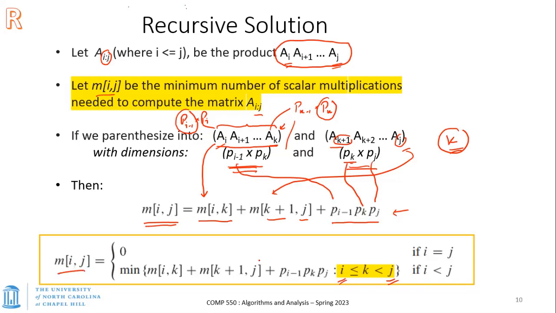The recursive solution says that when i is equal to j, then the minimum number of scalar multiplications is clearly 0. But otherwise, you have to look at all possible values of k, from i to j, and compute this value. So it does have a recursive part to it, and it does have three numbers which have to be multiplied, and so you will find a whole bunch of solutions.